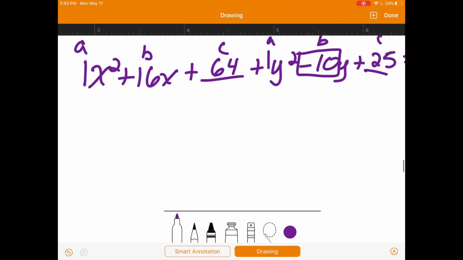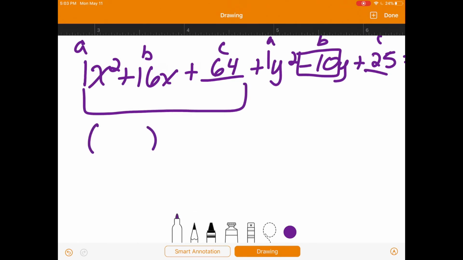And then our next step is to factor each of these. So for the x's, if we were going to factor that, we know that we've got x's in the first spot, and our two numbers that we put here, they're going to have to add to this piece and multiply to the c, okay? So if they're adding to 16 and multiplying to 64, the only choice that you have there is to have positive 8 for both.